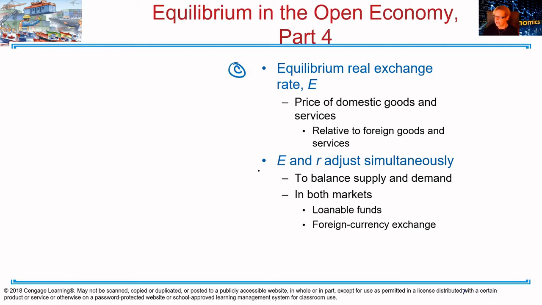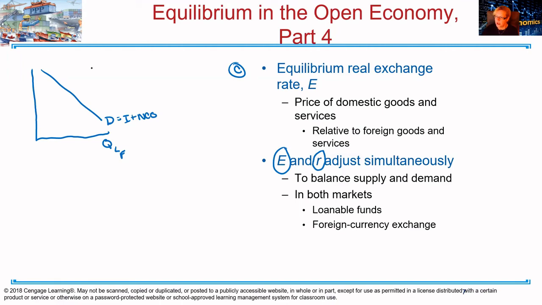Now, one of the things to note is that both the real exchange rate and the real interest rate adjust simultaneously. So this is why I'm just going to redraw this because I think it's worth going over a couple times. So we have the quantity of loanable funds. We have the demand for loanable funds, which is investment plus net capital outflow.